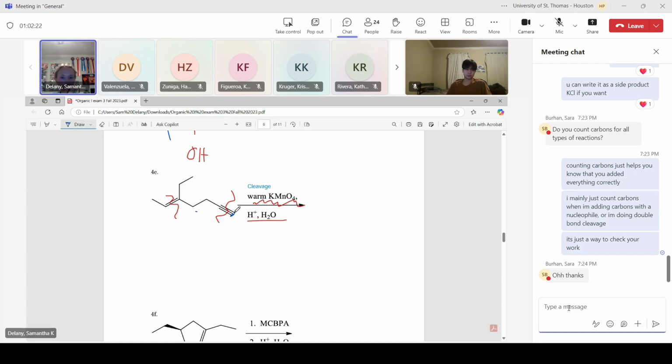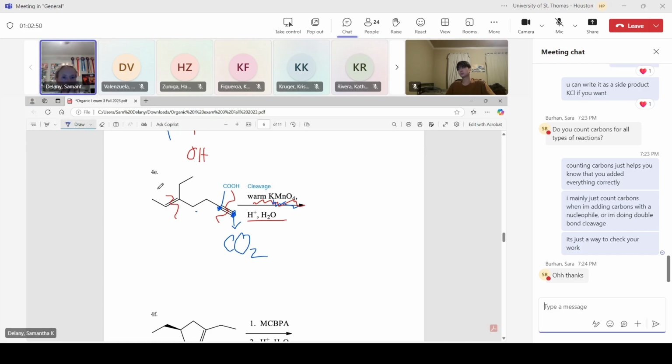So, okay, we have a terminal alkyne, which has 1 carbon on one side, and then a carbon attached to a carbon on another side. When we see a strong oxidizing agent like KMnO4, this 1 carbon ends up oxidizing all the way to CO2. For the other side, which is still attached to a carbon, what we end up with is a carboxylic acid, so a COOH.